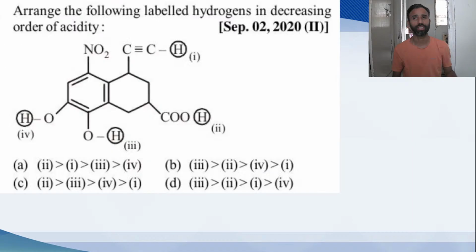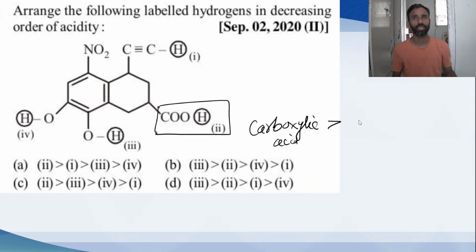Arrange the following labeled hydrogens in decreasing order of acidity. So see, most reactive is COOH. Carboxylic acid is more acidic. See, what is the order? Carboxylic acid, then phenol, and then acetylene.